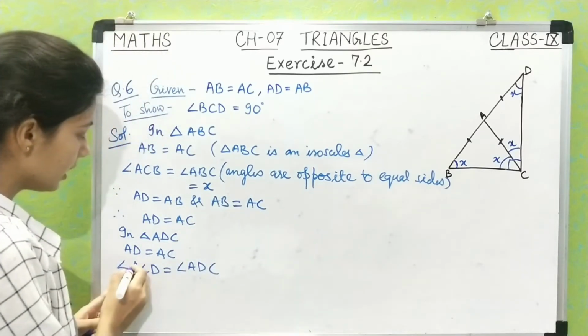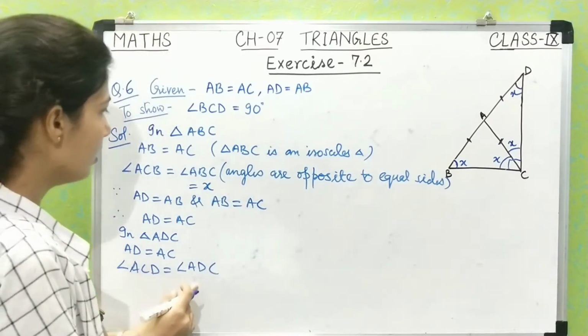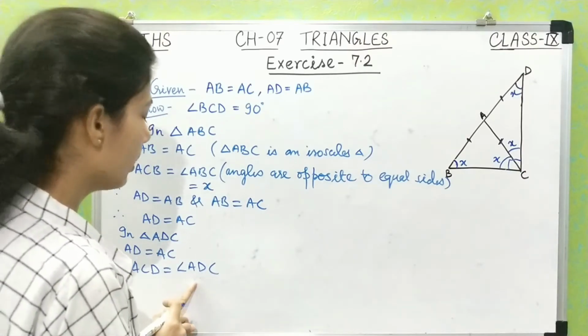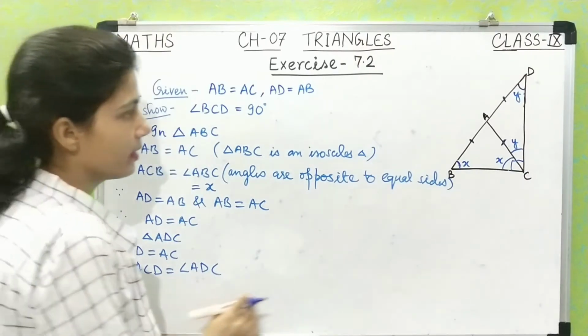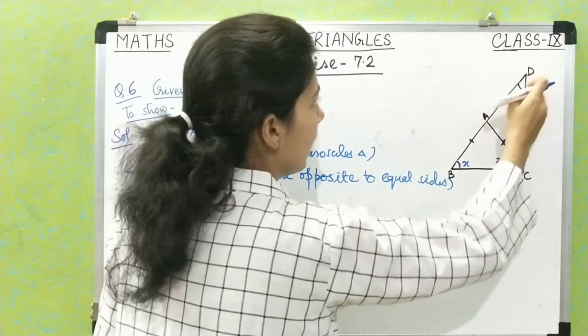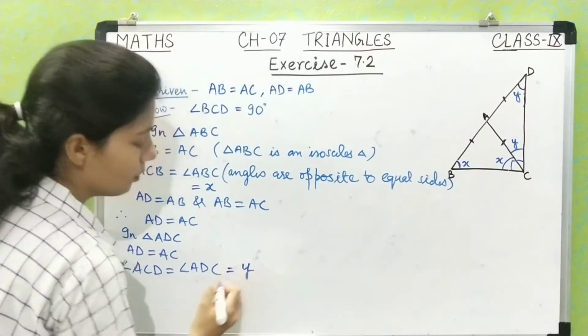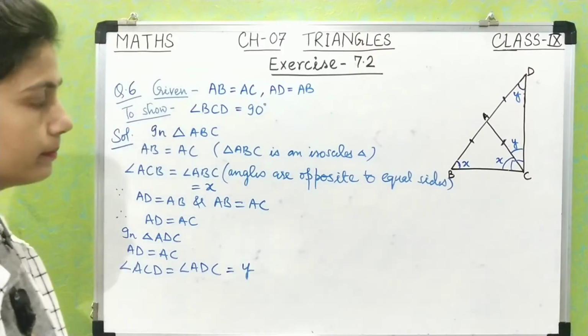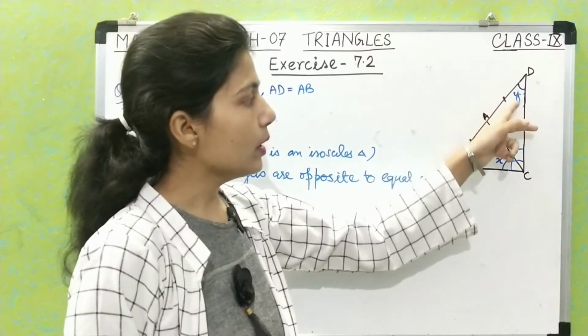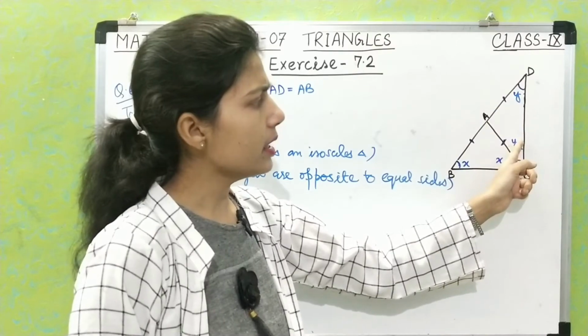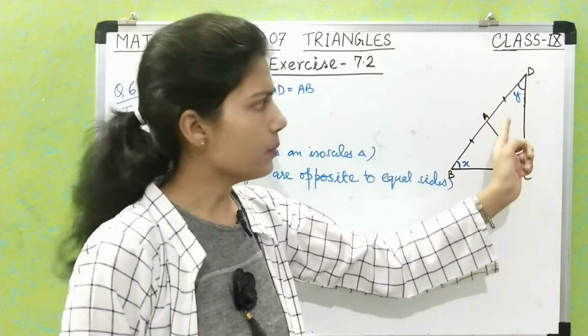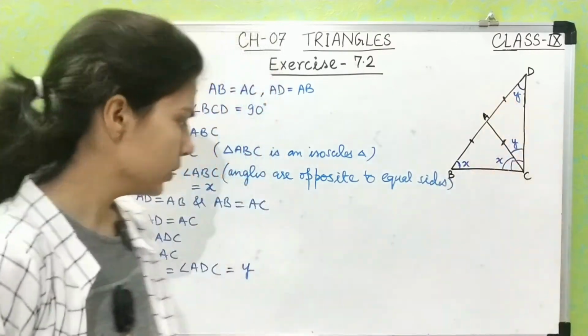So angle ACD equals angle ADC. Suppose these angles ACD and ADC are equal to y. Both angles are equal, so if we let this angle measure y, this will also be y.